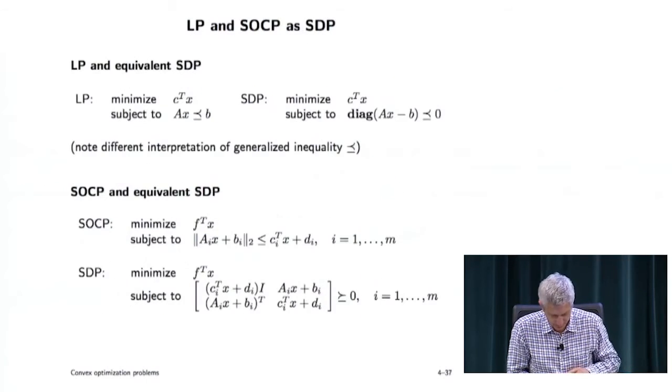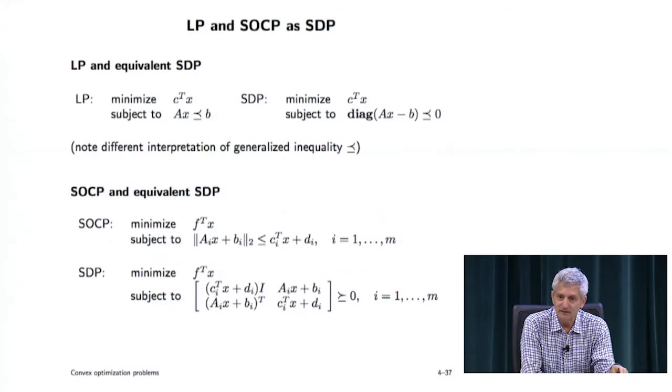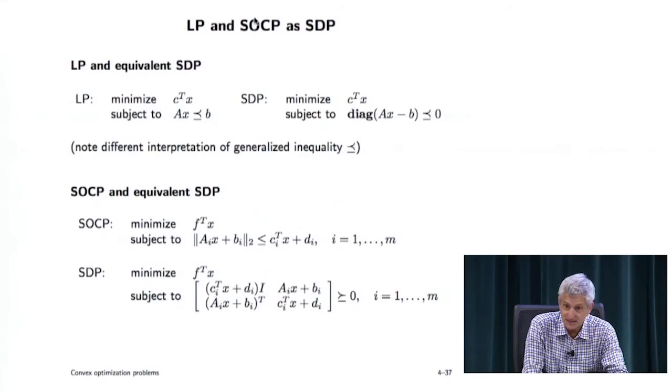Okay. Now it turns out SDP generalizes most of the classes we've seen so far. Not GP, but other than that, it generalizes them. For example, LP you can write as an SDP. You can write SOCP as an SDP. Of course, one is a stronger statement than the other because you can represent an LP as an SOCP, and an SOCP can be represented as an SDP, right?